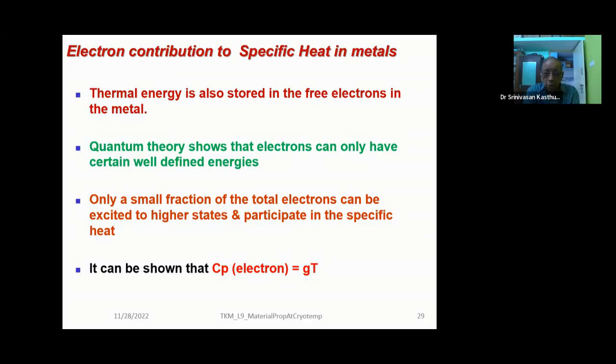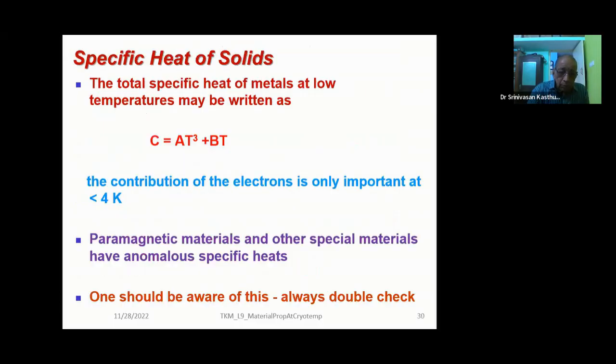Now, quantum theory shows that the electrons have only well-defined energies. They cannot have arbitrary energies. Only a fraction of the total electrons can be excited to higher states and can participate in specific heat. But it can be shown that Cp of the electrons is equal to G into T, where G is some constant, so it is directly proportional to temperature.